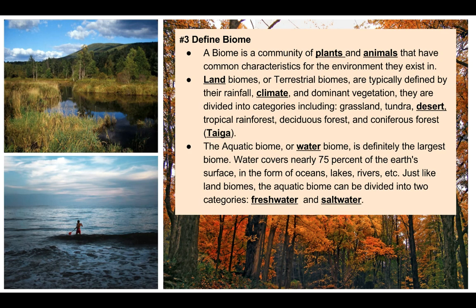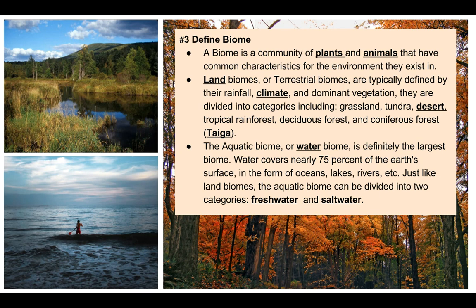You do need to know that terrestrial means land. It's Earth. We live on a terrestrial planet that has land. Some of the main points about biomes are the amount of rainfall. A desert's going to have a different amount of rainfall than a grassland or a tropical rainforest.